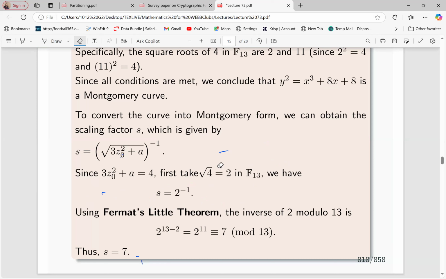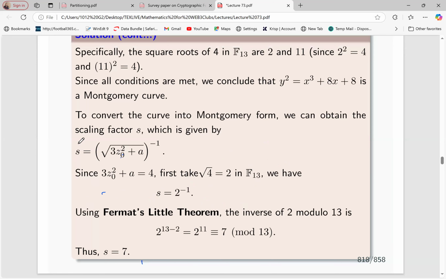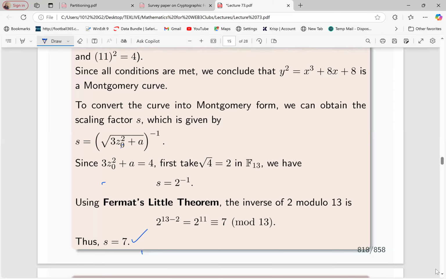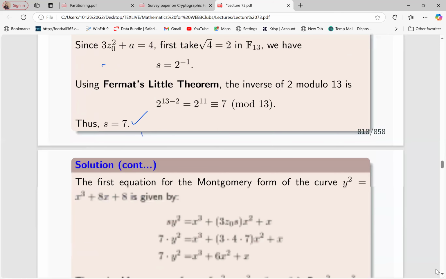Not the square root, the inverse. Of course, that one is very easy because 7 times 2 is 1 mod 13. So that is our scaling factor. Once you have this scaling factor, you substitute in this equation and you have the Montgomery curve.